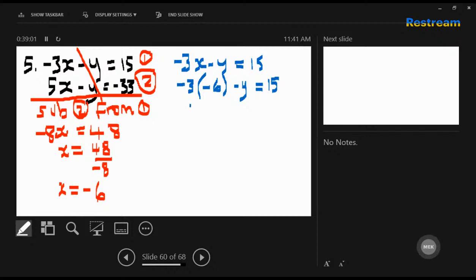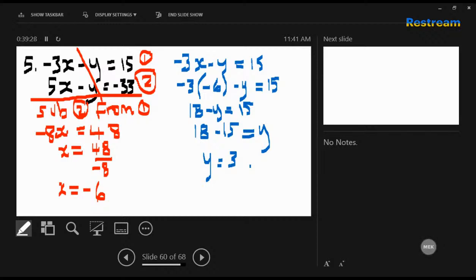Negative 3 times negative 6 is positive 18. So 18 minus 15 would give us y. And that is 3. So we're saying that for the solution set, x is negative 6 and y is positive 3.